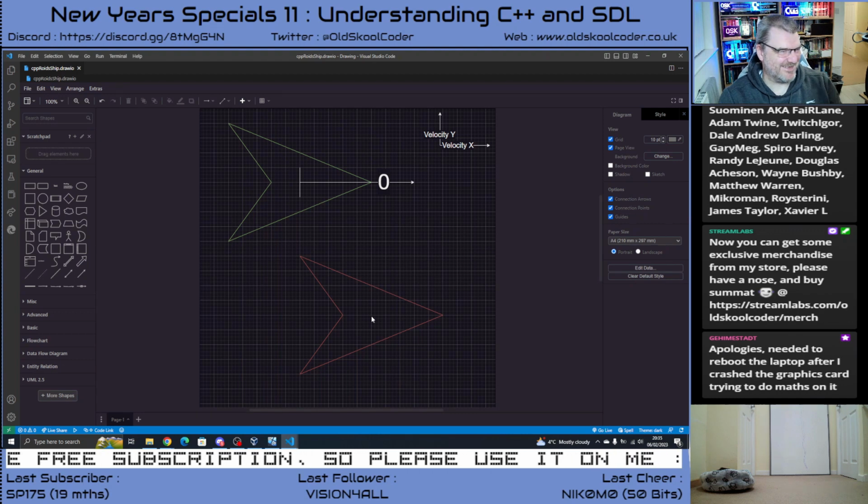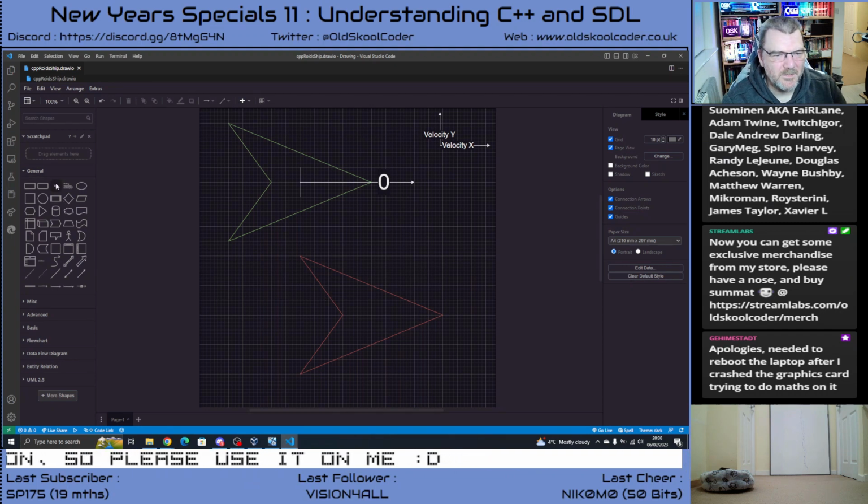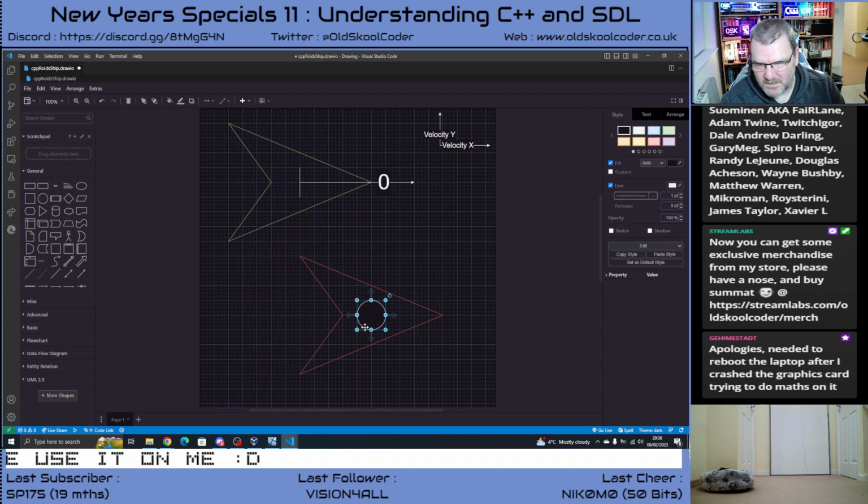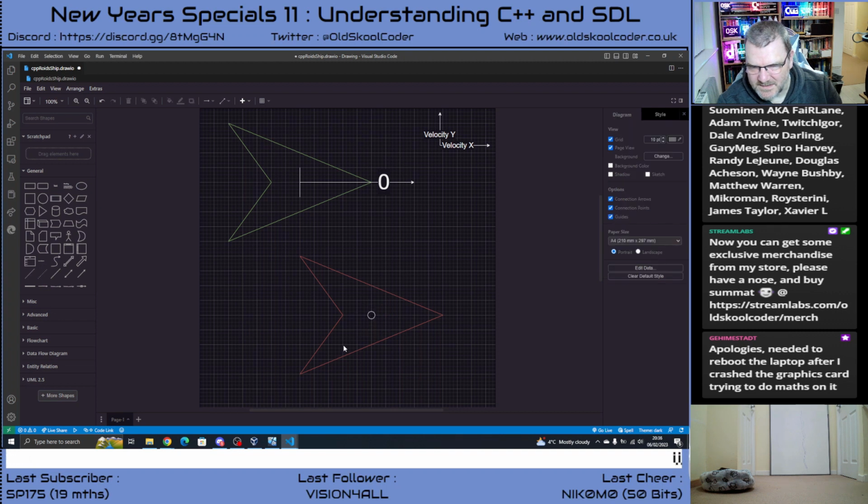Trying to do maths on it. Okay. So let me put a marker so we know where our pivot point is, which is there, I think. 1, 2, 3, 4, 5. Yeah. So that's the pivot point of the ship.